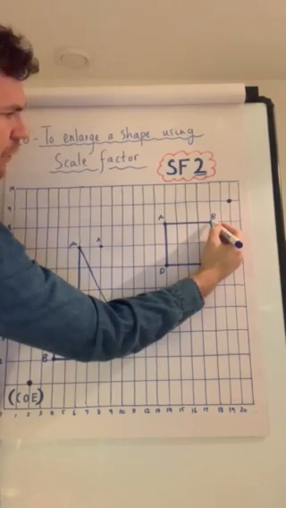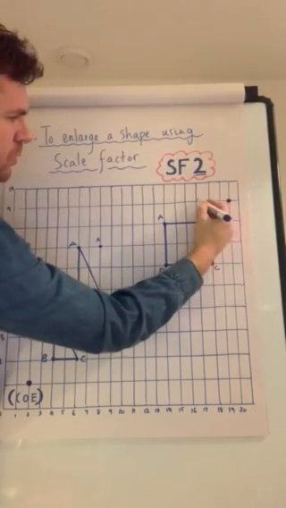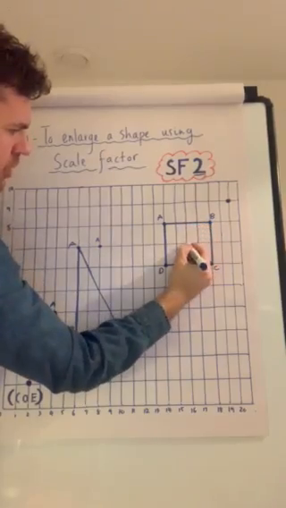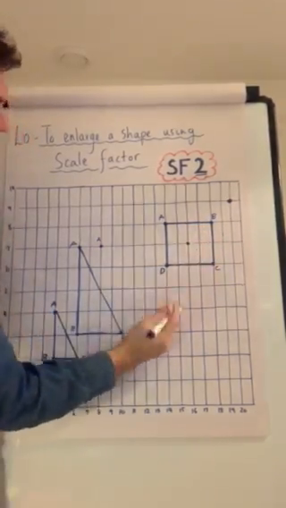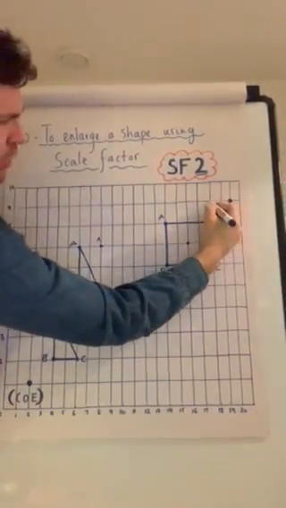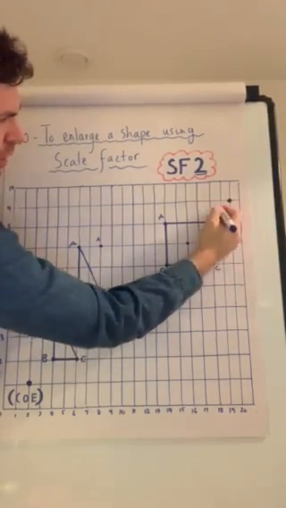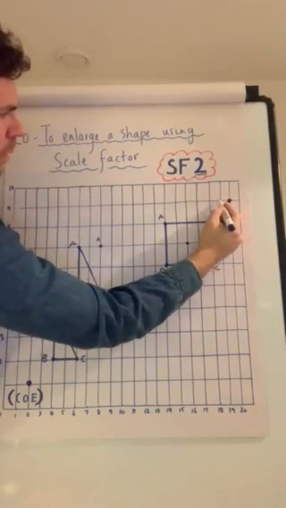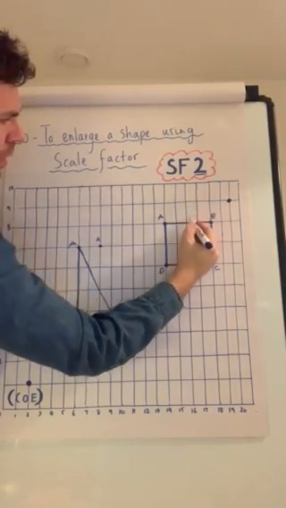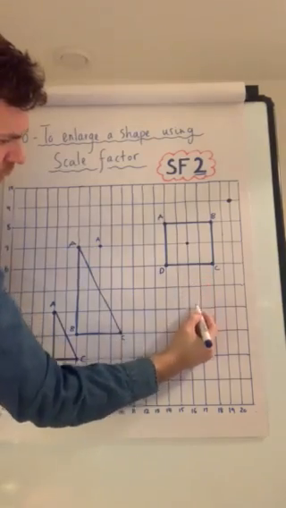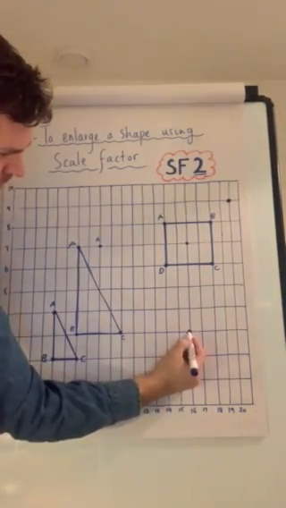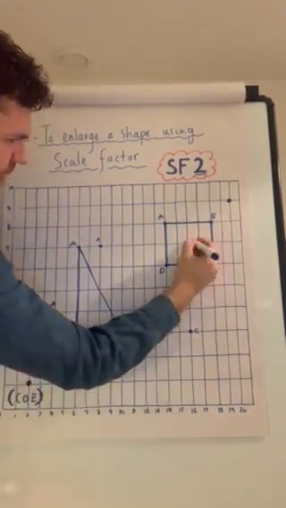So double it, 4 across, 2 down. 1, 2, 3, 4, 1, 2 down. Point C, 2 across, 1, 2, 3 down. So that's going to be 4 across, 6 down. 1, 2, 3, 4. 1, 2, 3, 4, 5, 6 down. That's point C. That was point B.